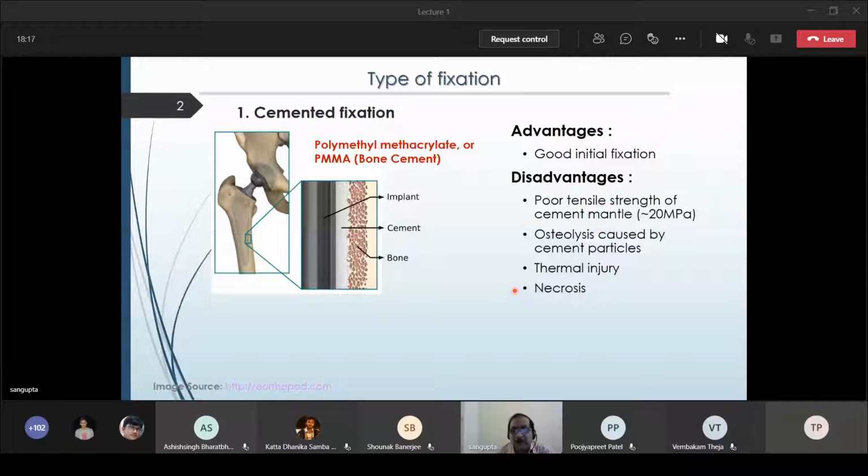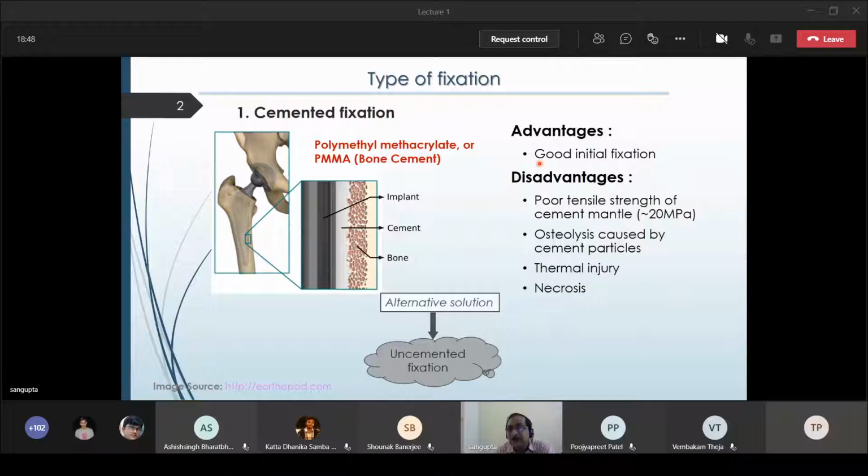However, one big advantage of this procedure is that it can give you almost immediate fixation, even before the whole surgery is complete. So in many patients with very poor bone quality, highly degenerated bone, osteoporotic bone, surgeons still prefer cemented fixation.